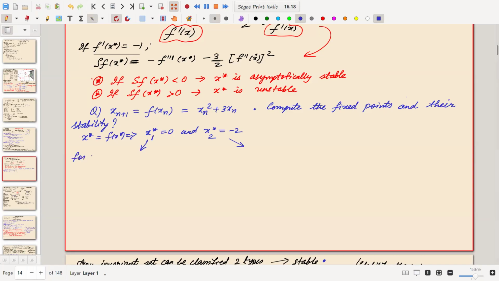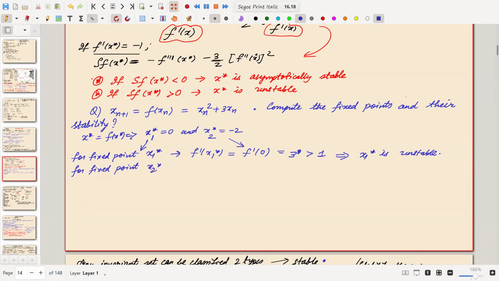For fixed point x1 star, what is the value of f prime of x1 star? That is f prime of 0, which is equal to, sorry, 3, which is greater than 1. That implies x1 star is unstable. So the case of x1 star is finished. Now for fixed point x2 star, what do you obtain for f prime of x2 star?